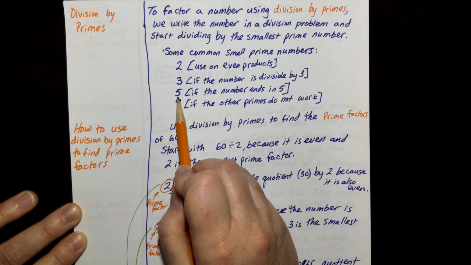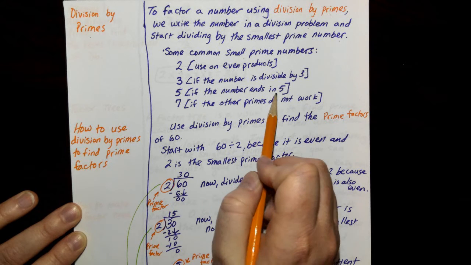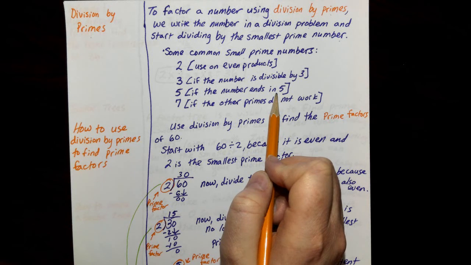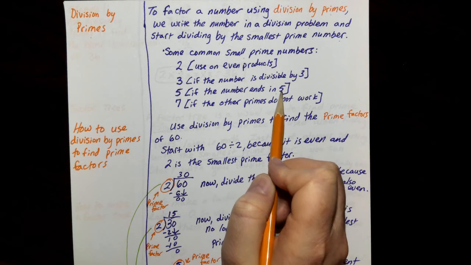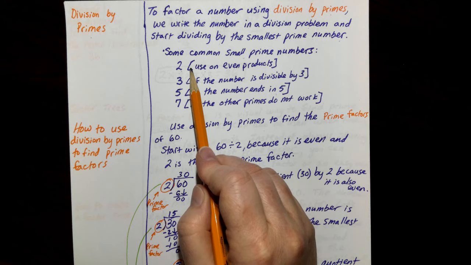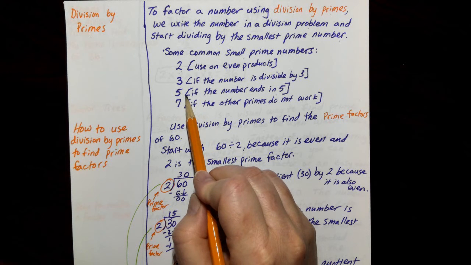Okay, the next common small prime number is 5. You can use this anytime the number ends in 5. So I'm not using the normal divisibility rule for 5, which would say 0 or 5, because if it ends in 0, it's even, so I would use 2 instead. And then I would come to the 5 later.